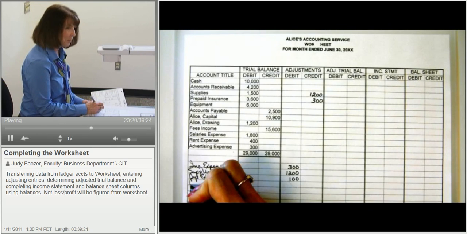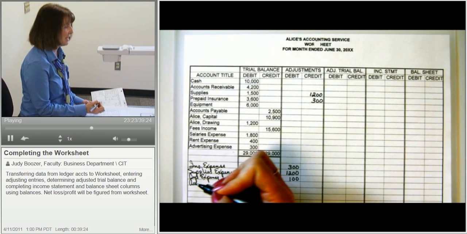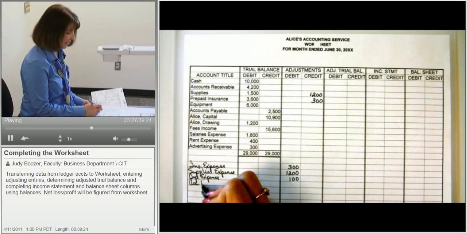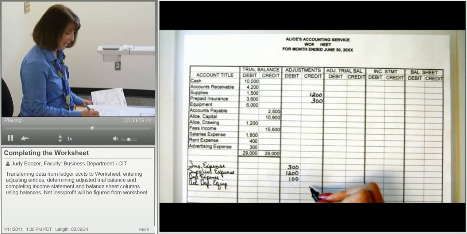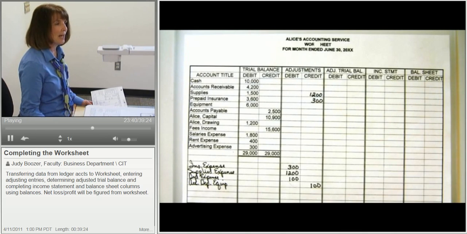Good. And I'm going to abbreviate accumulated ACC. So accumulated depreciation, we can put equipment. For what amount? The same. So that is a credit. So we have a $100 debit to depreciation expense and a $100 credit.